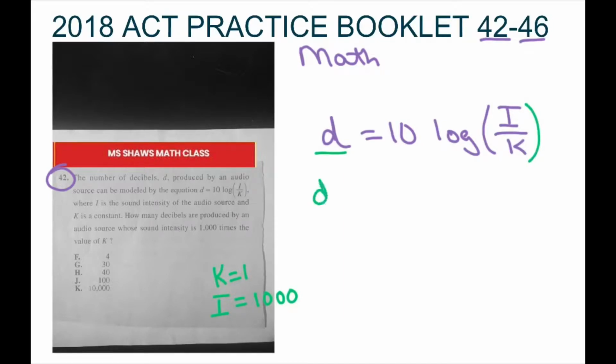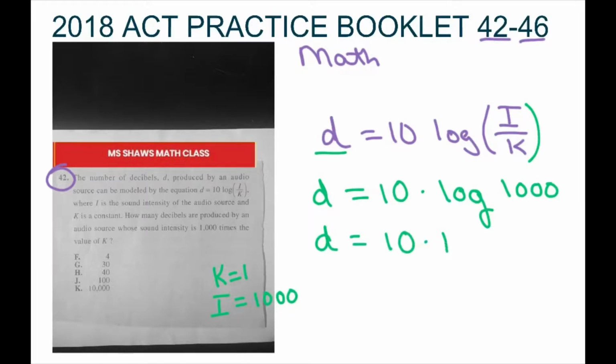So I'm going to rewrite this as D equals 10 log of 1,000 over 1, which is just 1,000. Now, you need to know your properties of logarithms. So it's going to be 10 times log, and I'm going to call this 10 cubed. Remember, this is our common log, so if there's not a base written, that's base 10.